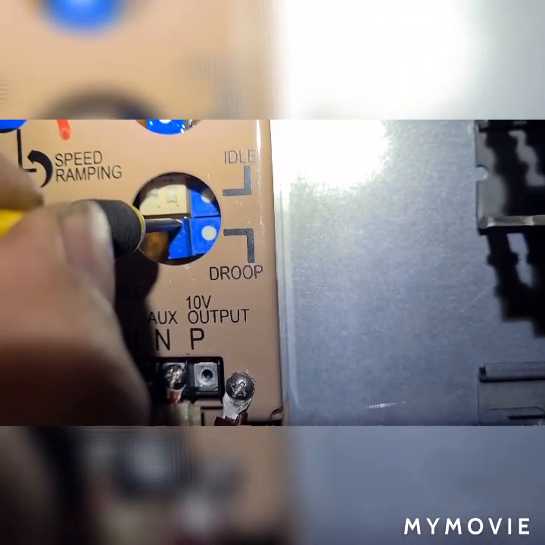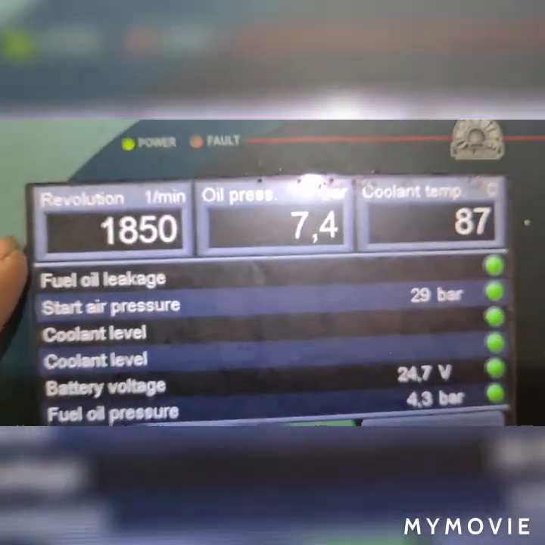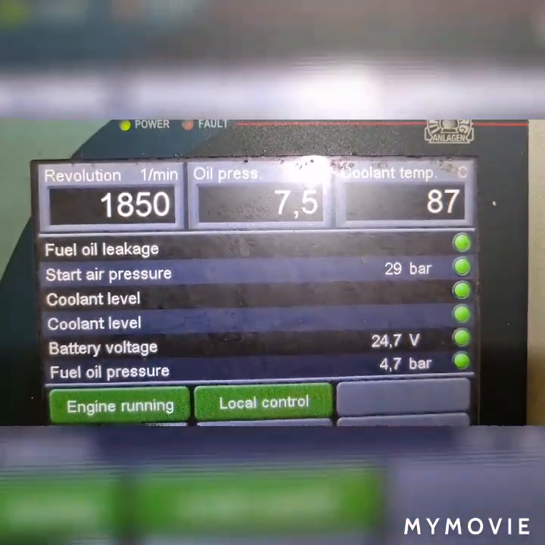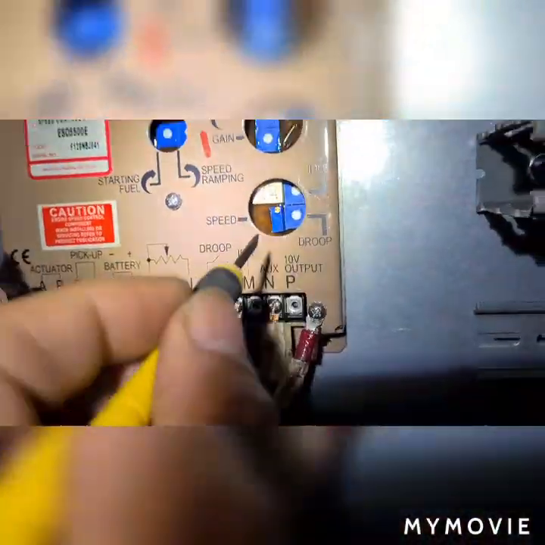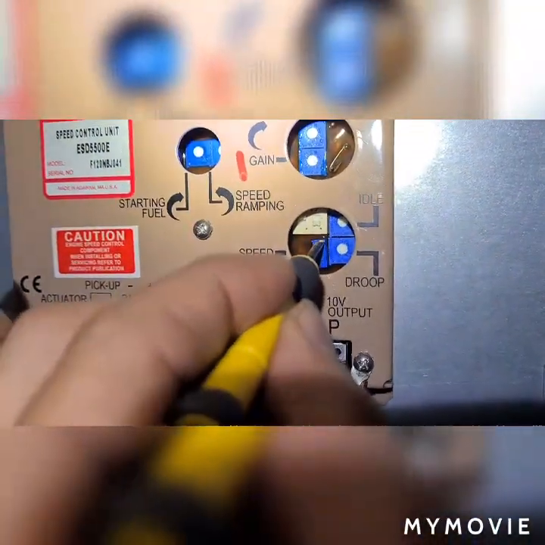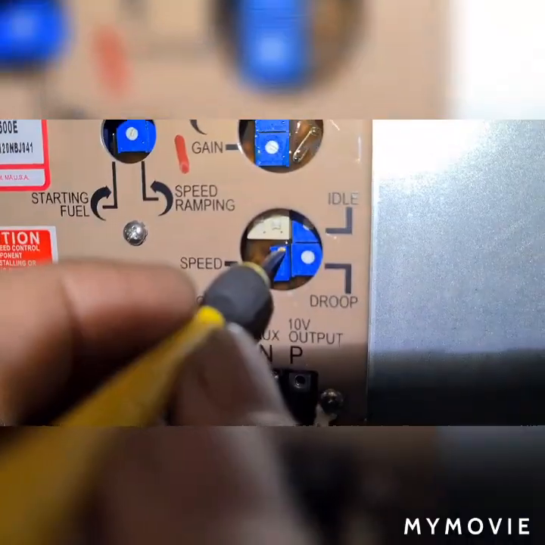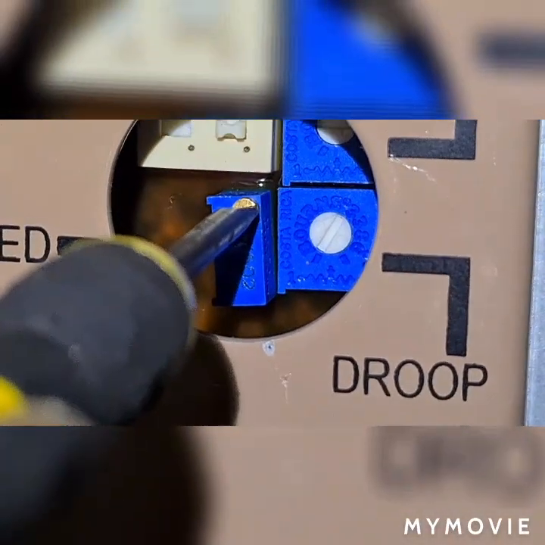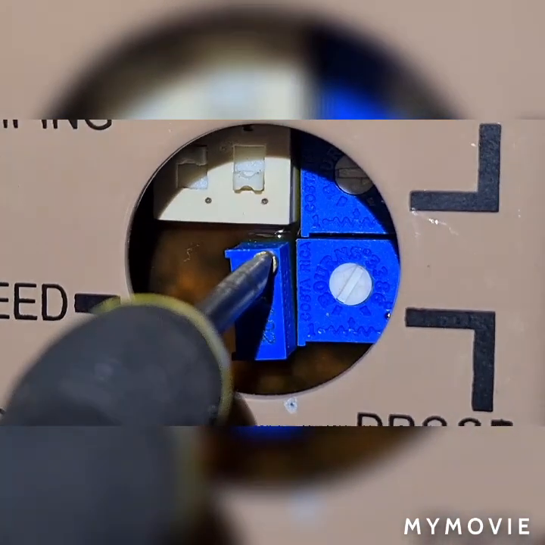So from 1862 we manage to decrease it to 1850 to 1851 by continuously measuring the voltage on terminals A and B, the voltage across our actuator.